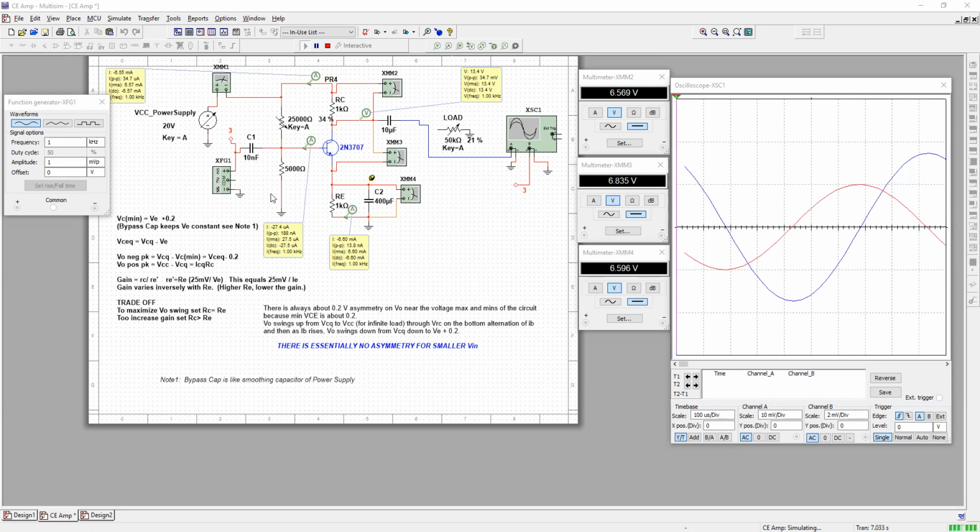Now, if we're looking at this as an RC circuit, we know that there's going to be a sharing of voltage, and the voltage divider is the input to the amplifier. So our goal is to get as much of the input into the amplifier as possible. So we would want to increase this capacitor so that there's less impedance, right?